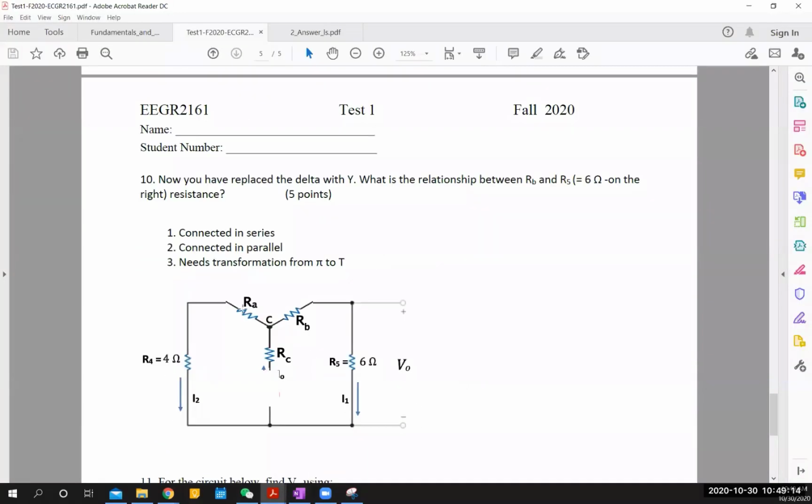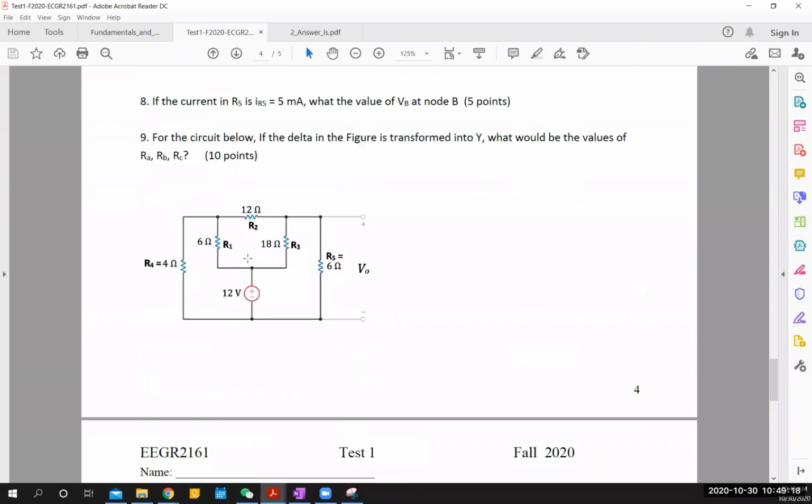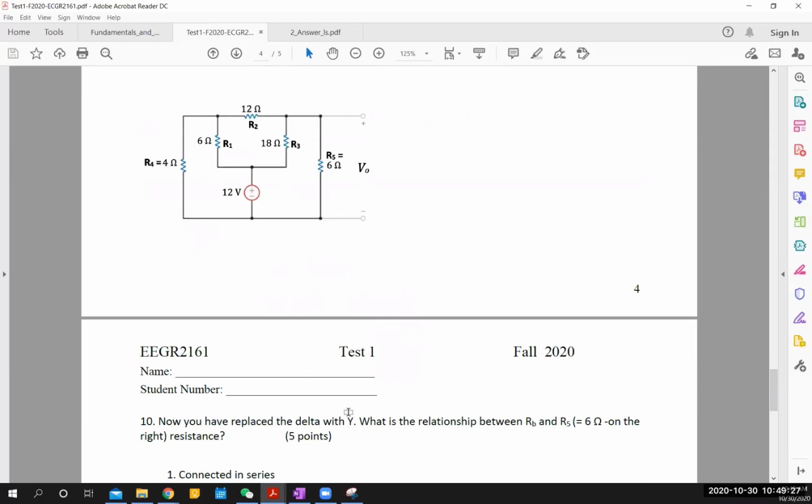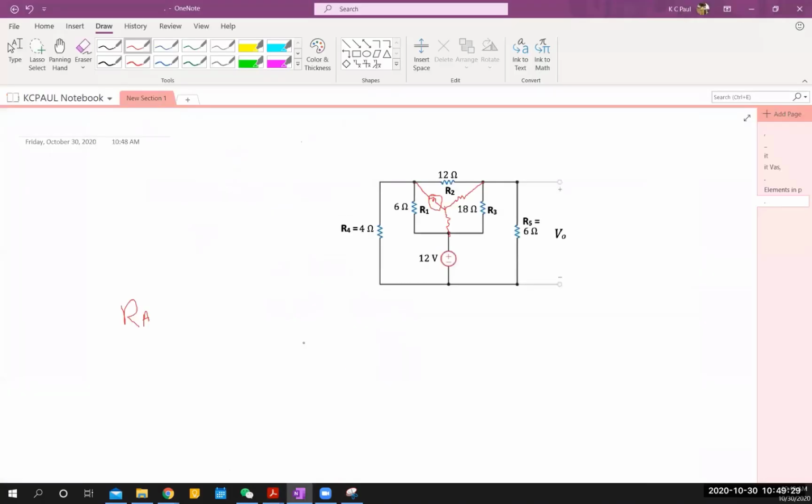It is mentioning this one is RA. That's why I'm writing RA here, RB here. But by actual notation, the opposite branch of R1 should be RA, and opposite of R2 should be RB. Anyway, it doesn't matter if you get things correct.